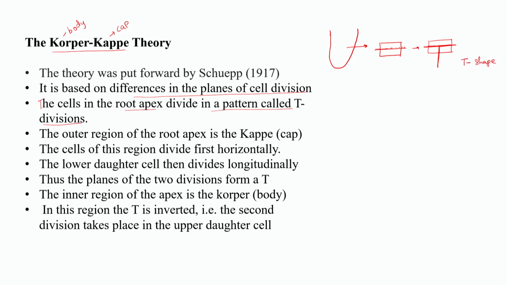Most of the cells will divide in this T-shape pattern. Another type of division can happen if this cell divides by a transverse division and the cell above divides longitudinally. Then it will have an inverted T-shape pattern.